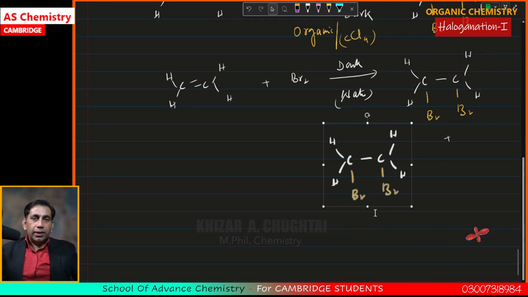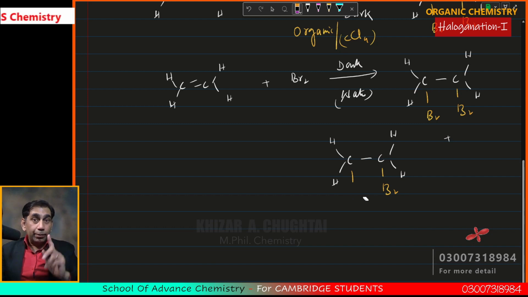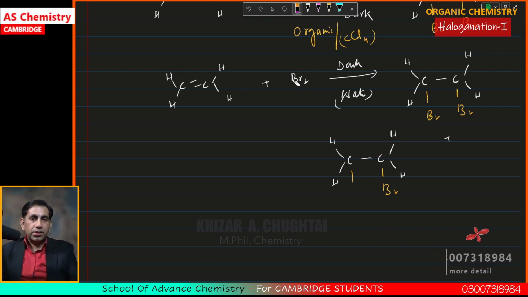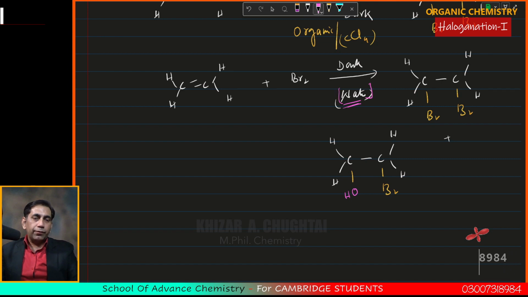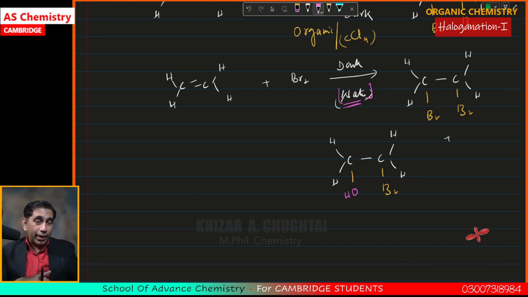The next molecule is going to have one Br group, yes, but the other an OH group. One molecule is having halogen, but the other one is OH group. This OH is because of water. So if you are adding bromine into the carbon-carbon double bond and you are using aqueous medium, then keep in mind there will be more than one product. Two products will be formed in this case.